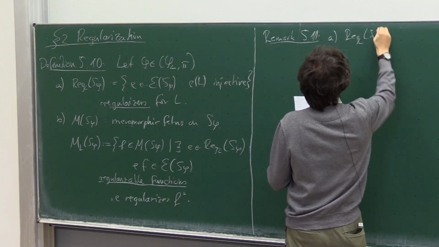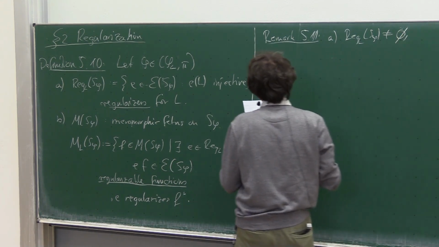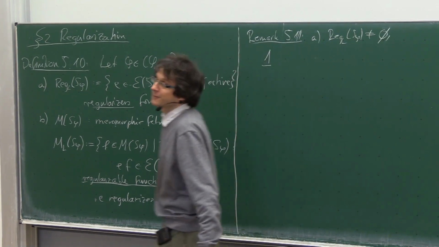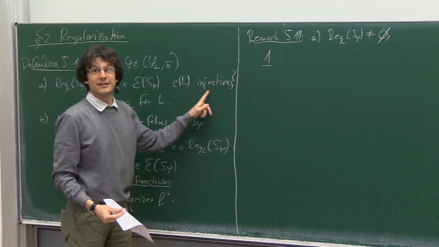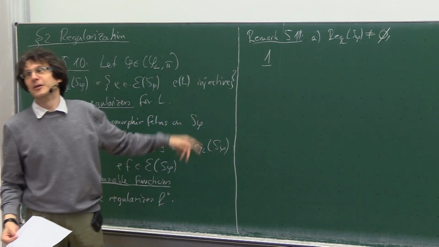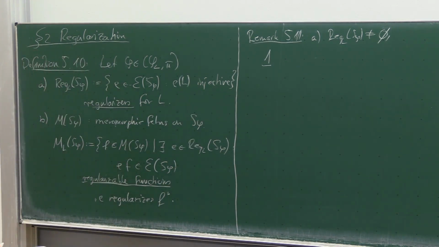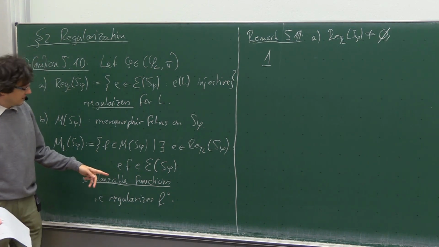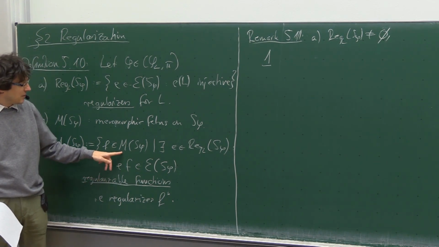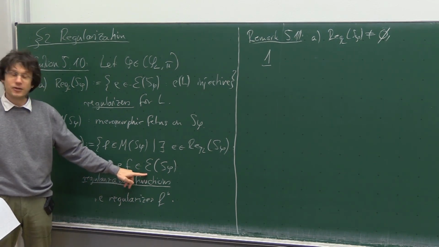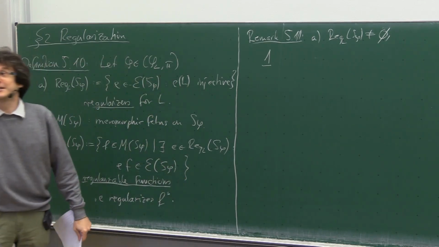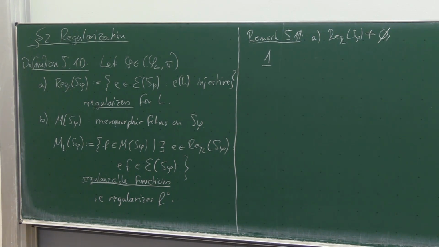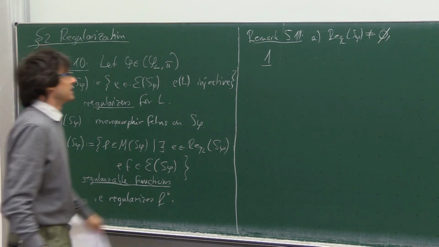The first reason I give you is a rather uninteresting one: the function 1 is always in there. The function 1 is in the Dunford-Riesz class, and 1 of L is the identity, which is injective. But the 1 will not help much, because the set of meromorphic functions f such that 1 times f is in the Dunford-Riesz class is more or less the Dunford-Riesz class itself. So it will not help us enlarge our class of functions, but it is in there.